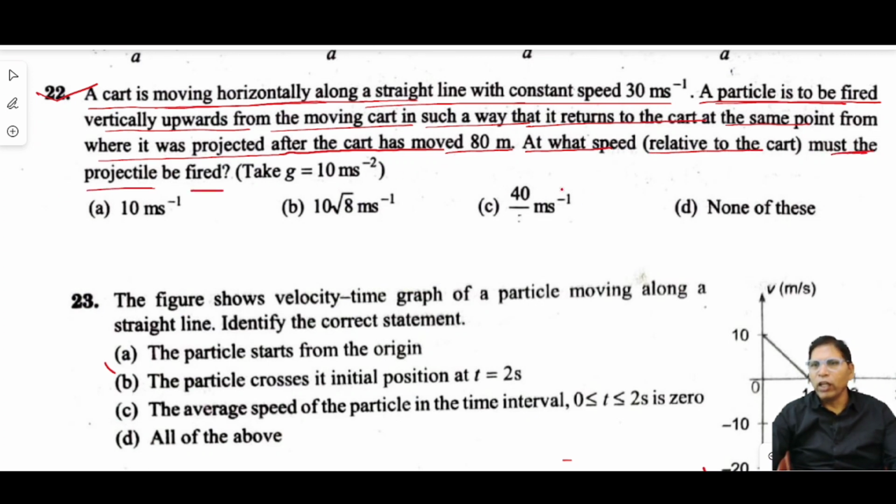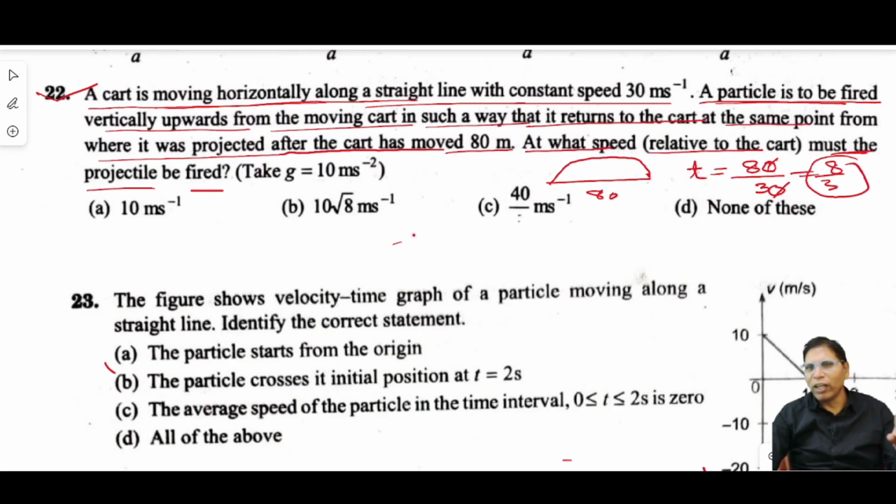When the cart moves the distance of 80 meters, the projectile reaches from this point to this point. First of all, we have to calculate the time taken by the cart to move 80 meters. This is distance by speed because it moves with constant speed. So this is 80 by 30, which is 8 by 3. This time is the time of flight of this projectile.